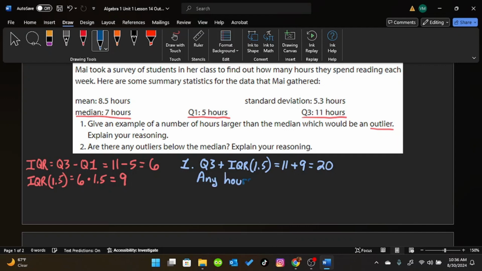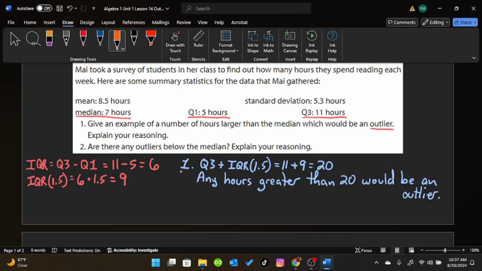Any hours greater than 20 would be an outlier. So 25, 30, anything over 20 hours would be an outlier.